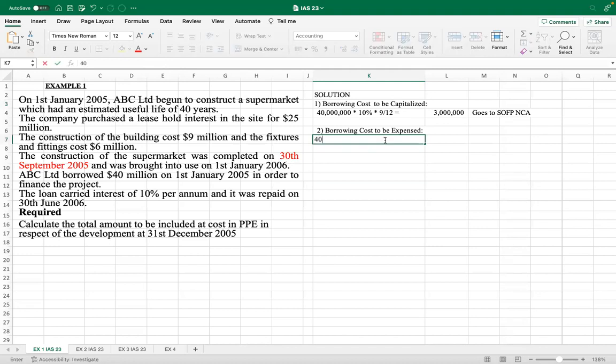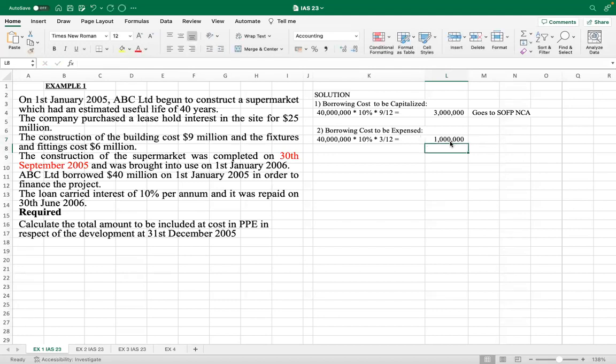You will take 40 million, you multiply it by 10%, and then you multiply by 3 months that are remaining until December, 3/12. So that will give you 40 million times 10% times 3/12. So that is 1 million.